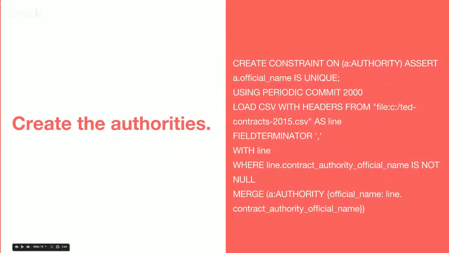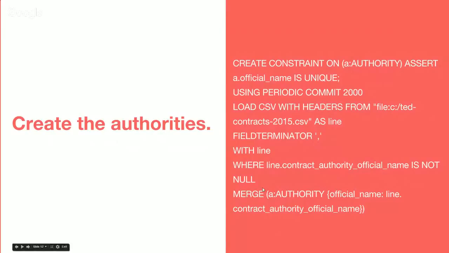Then there's WITH line WHERE line.contract_authority_official_name IS NOT NULL. That's specifying that we specifically want the lines where the contract authority official name exists. We want to discard every line where it's simply null, it doesn't exist.